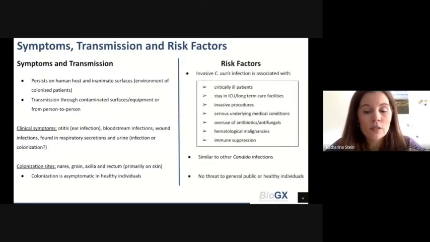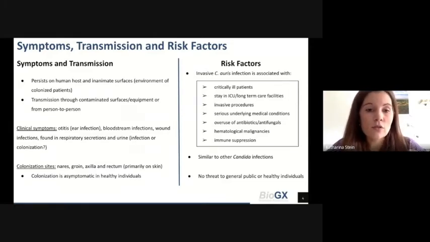The most common risk factors to develop an invasive infection are predominantly having a critical underlying condition, staying in a hospital over a long period of time, or being admitted to ICU. And also the overuse of antimicrobials contributes to the risk of developing a Candida auris infection.